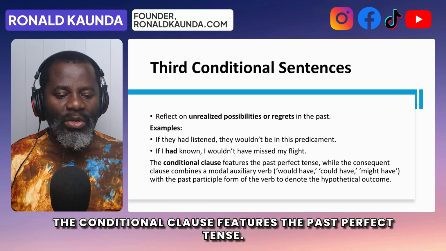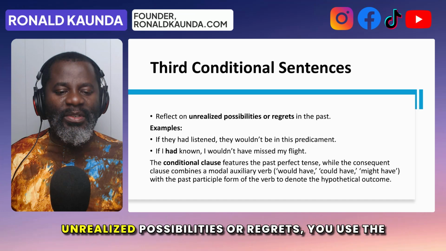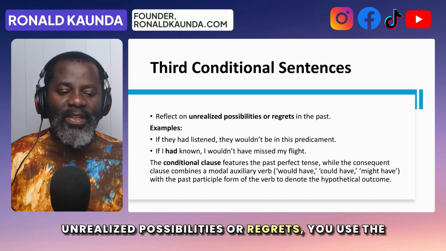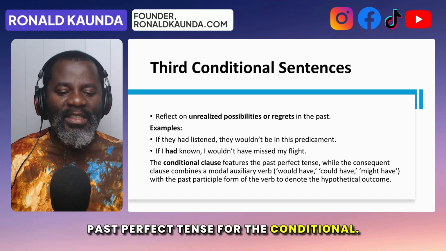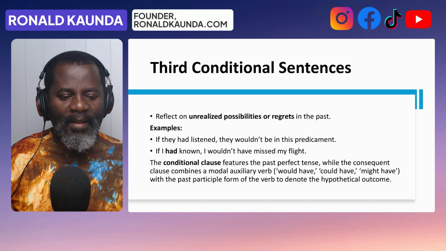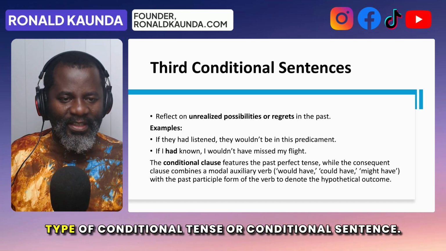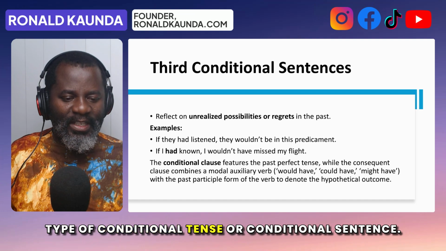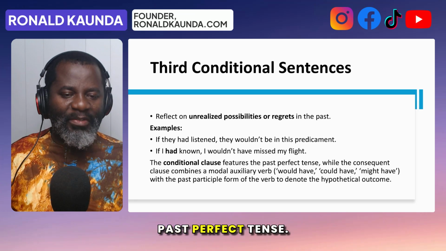The conditional clause features the past perfect tense. In this case, where you are presenting unrealized possibilities or regrets, you use the past perfect tense for the conditional clause. So the if clause of this type of conditional sentence goes with the past perfect tense.